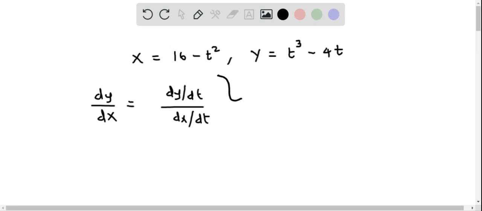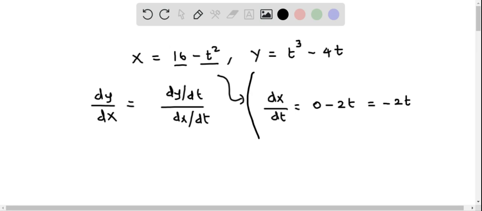Using this x, I'm going to find dx by dt by differentiating the right side expression with respect to t. And so this equals the derivative of 16, a constant, which is 0, and the derivative of negative t squared is negative 2t, using the power rule. So this equals negative 2t.